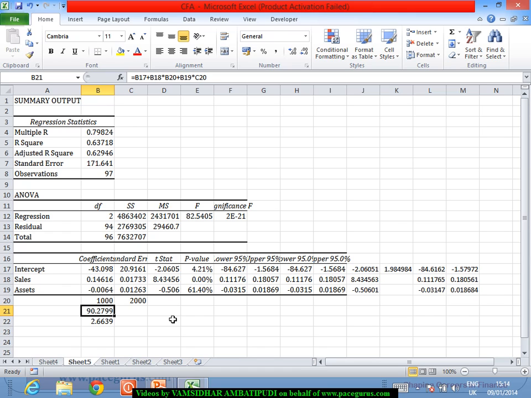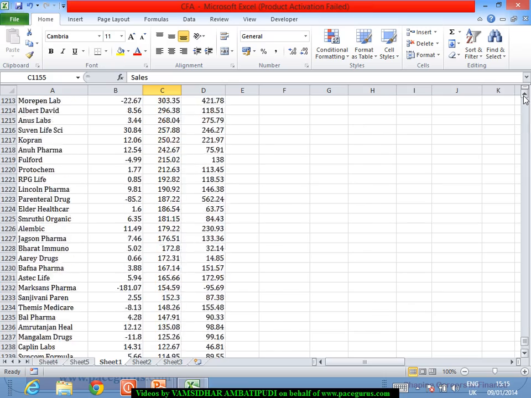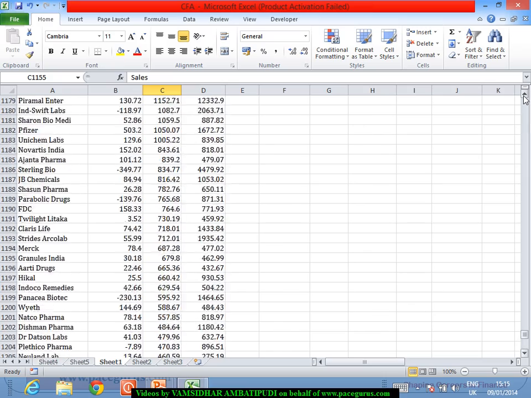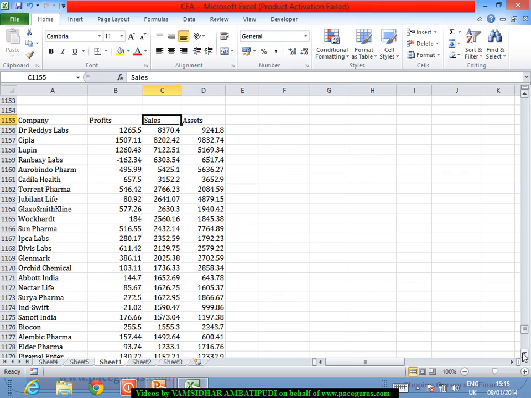And the independent variables should not be random values. The sales as well as the assets which I have taken are the real data values with respect to sales and assets of various companies, so I should not take the independent variables as completely random values.